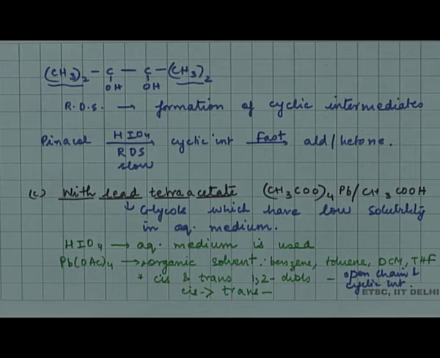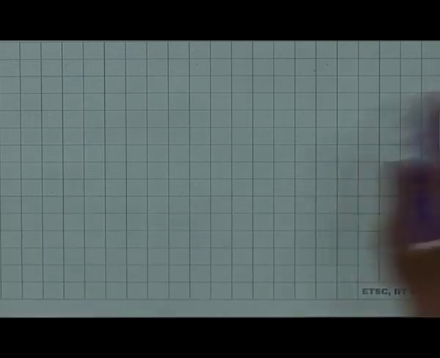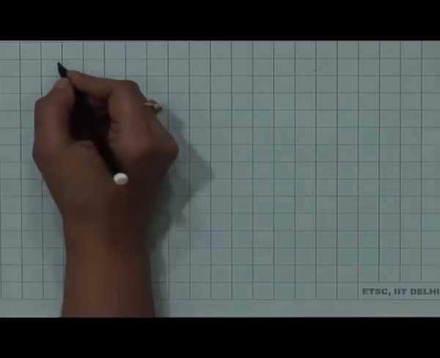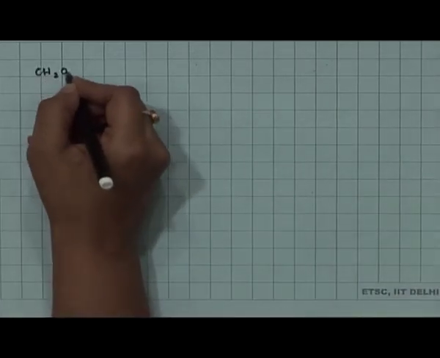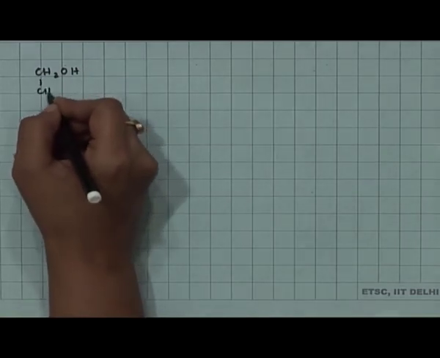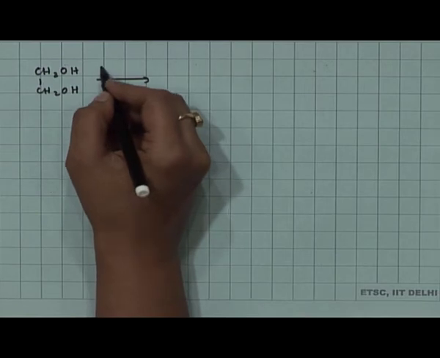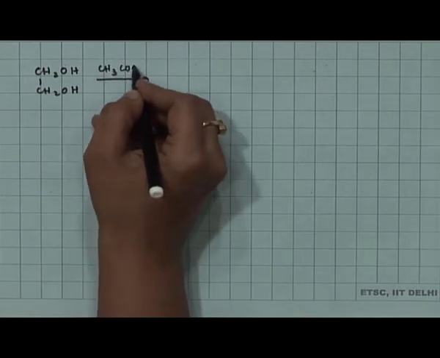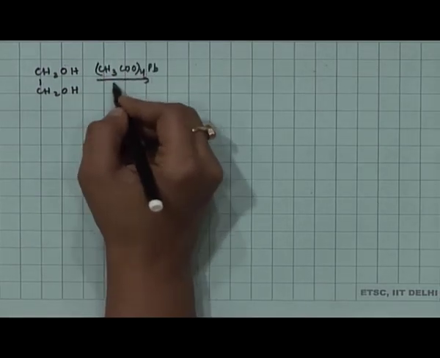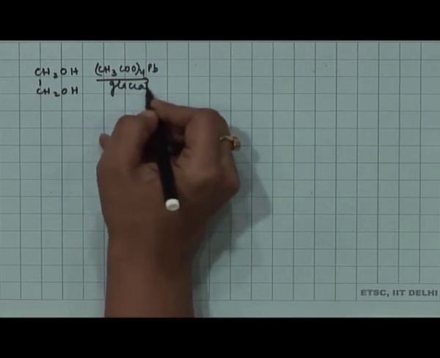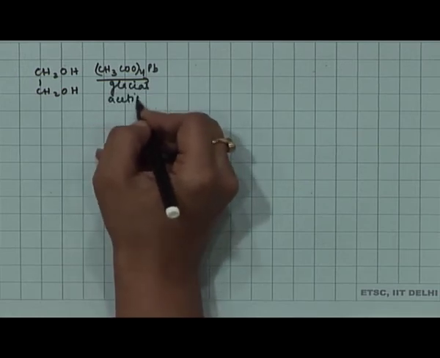So, let us look at one of the examples of lead tetraacetate oxidation of the glycols and the products it yields. You treat this glycol with lead tetraacetate in glacial acetic acid.